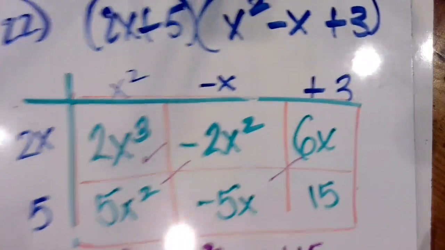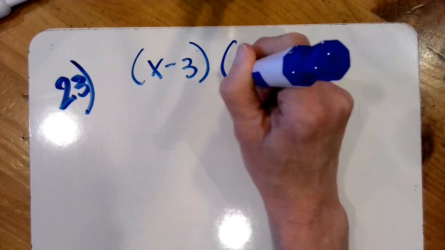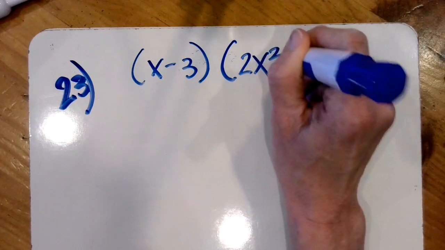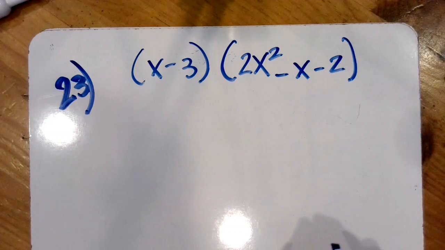Now we'll take a look at number 23. So 23 is going to give us x minus 3 times 2x squared minus x minus 2. Would you like to do the box again or distributive property? I heard you say box.